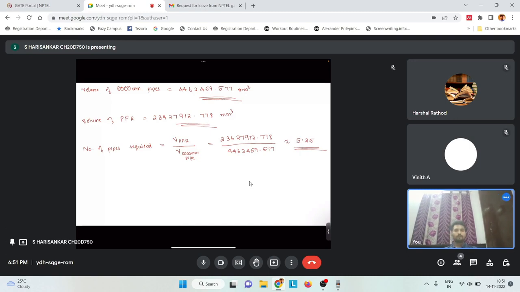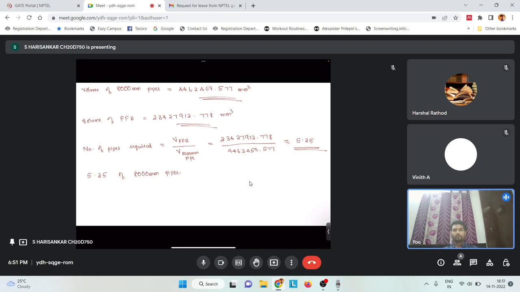Now the thing to note here is that this mathematics says that we need 5.25 of such 8000 pipes, but practically taking a fraction of the stainless steel pipe is not ideal, or it is not practical.